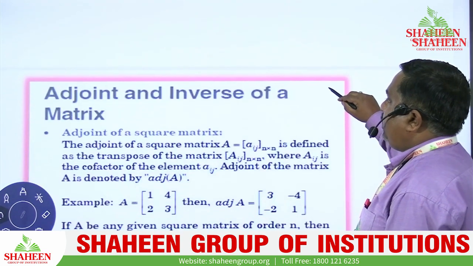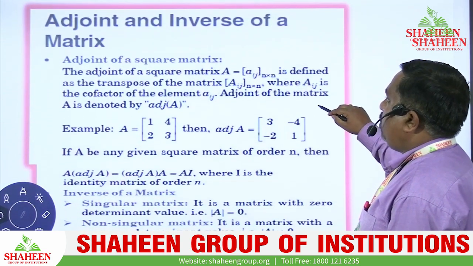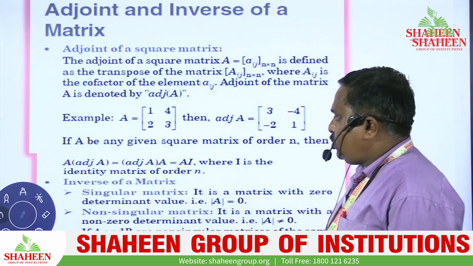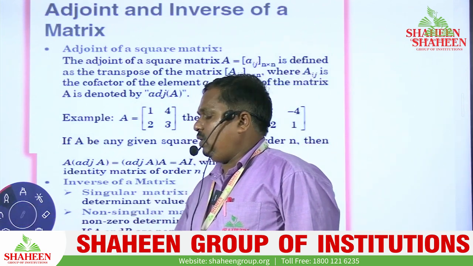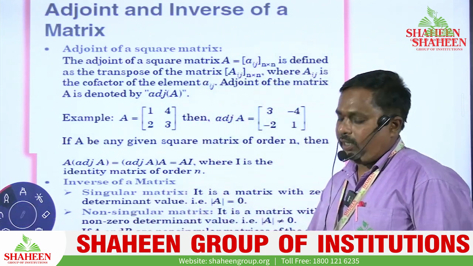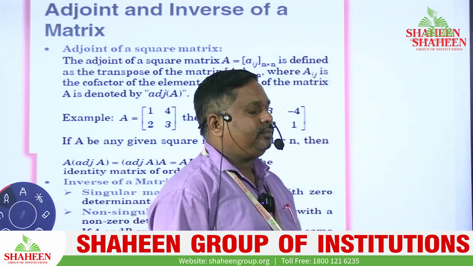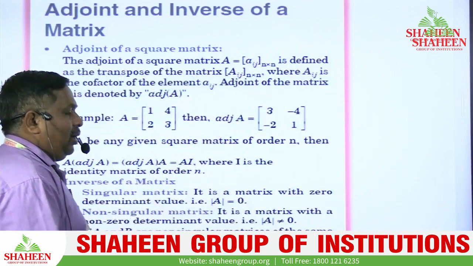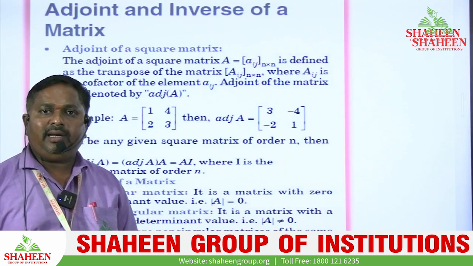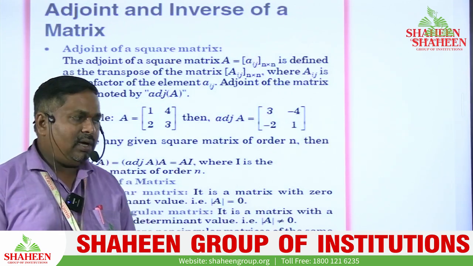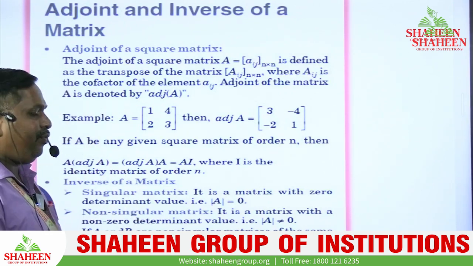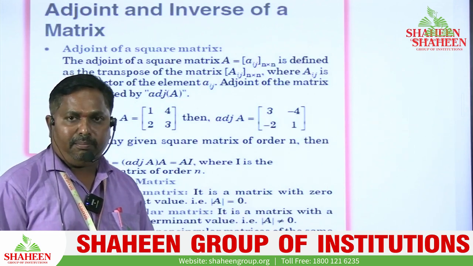Next, adjoint and inverse of a matrix. Adjoint. So already we understood how to find the minors and cofactors of the square matrix.